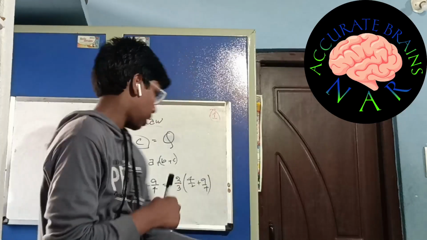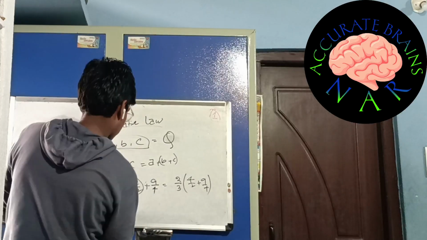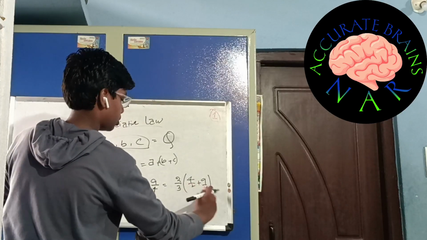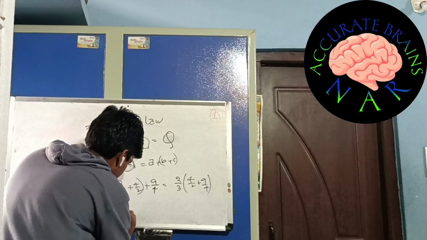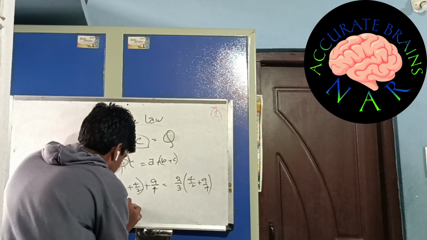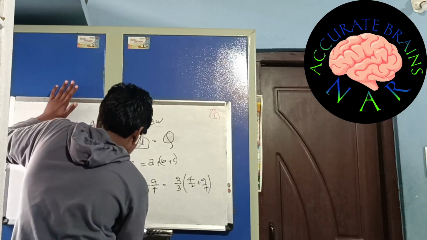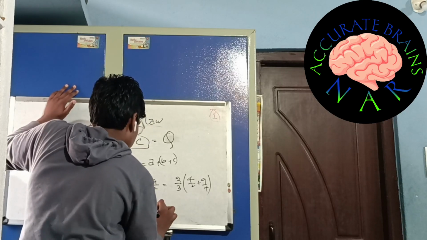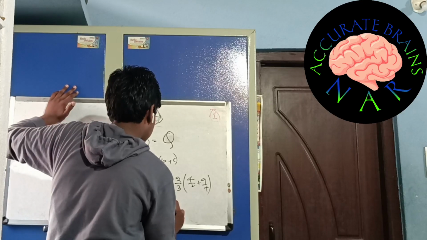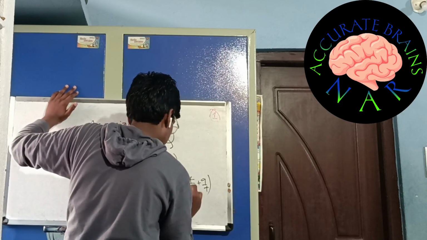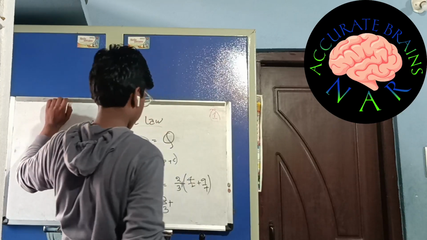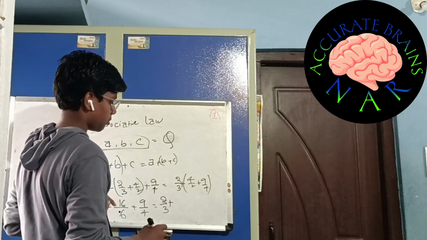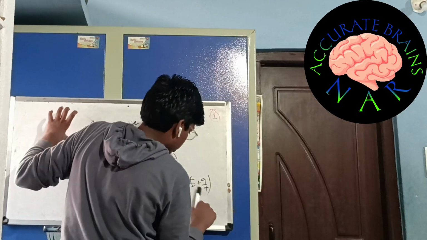Simply, right? I am doing it directly from here. So add these two, and we get 16 by 6 plus 9 by 4 should be equal to 2 by 3 plus 4 by 2 plus 9 by 4.